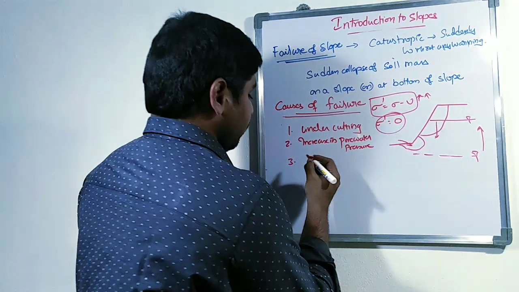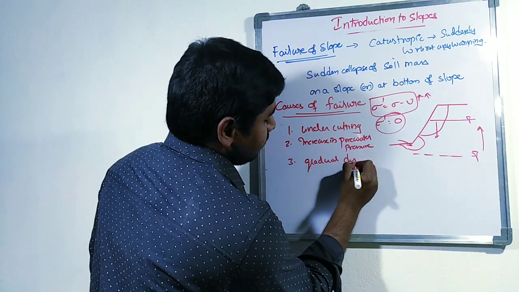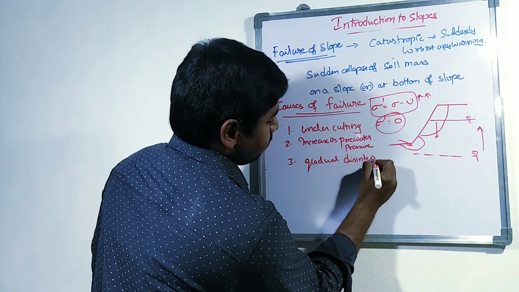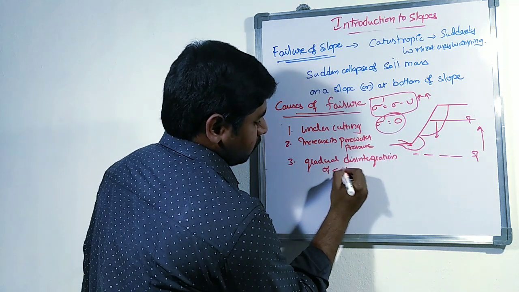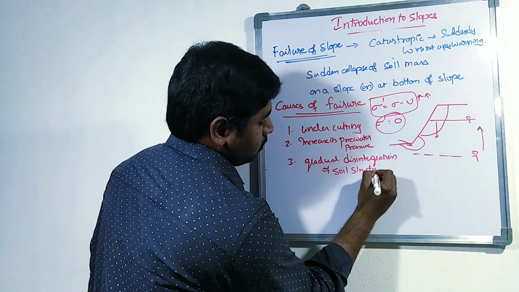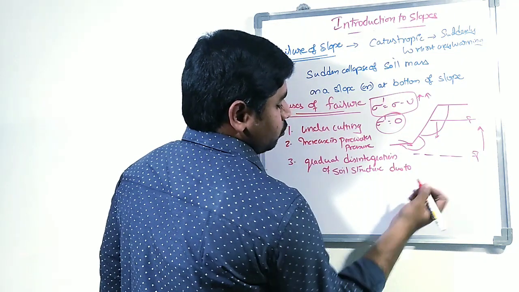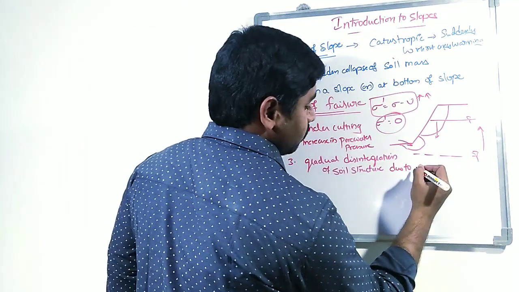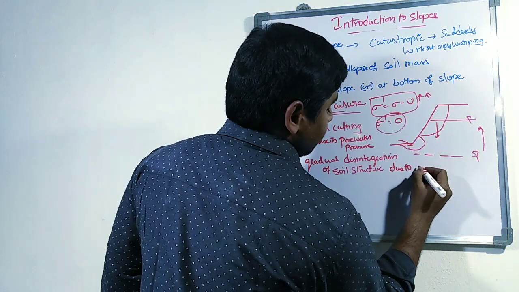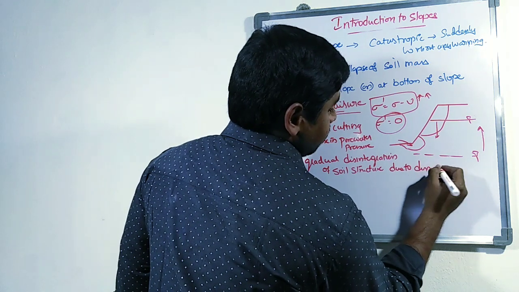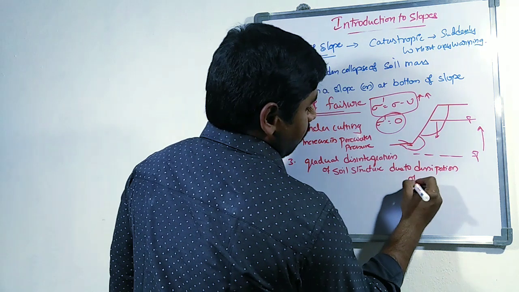And the third one is gradual disintegration of soil structure due to dissipation of pore water.